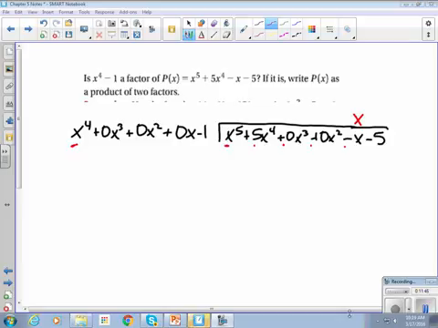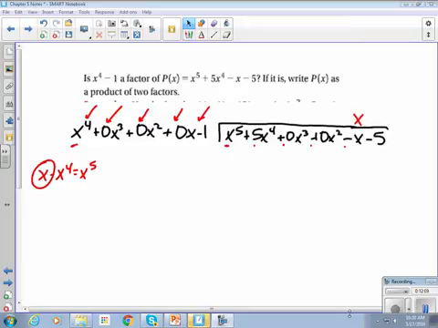So it's x. X times x to the fourth equals x to the fifth. So now I have to go and multiply that x by each of these terms. And anytime you multiply by 0, you're going to get out 0. So x times x to the fourth is x to the fifth.